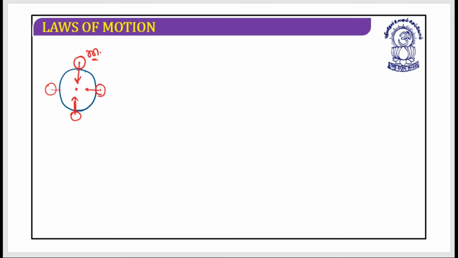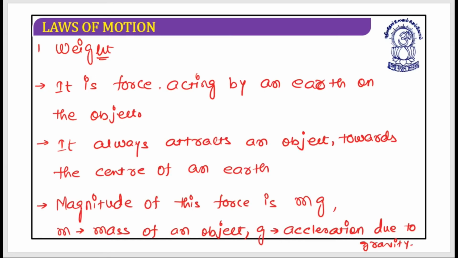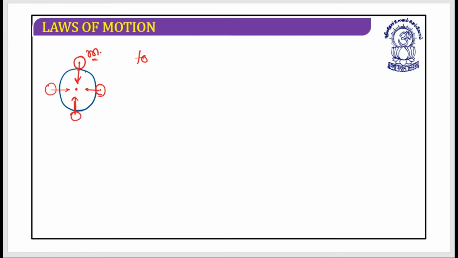So the correct statement is that this force always acts towards the center of the earth. This is always correct. All are towards the center of the earth, and this force is always attractive, and its value is equal to m into g.